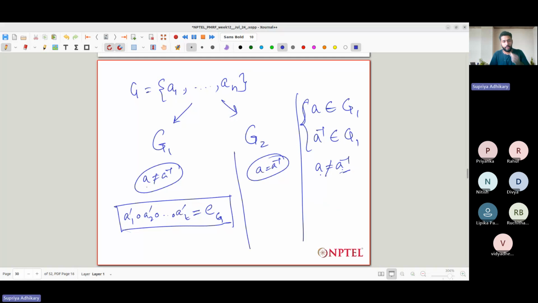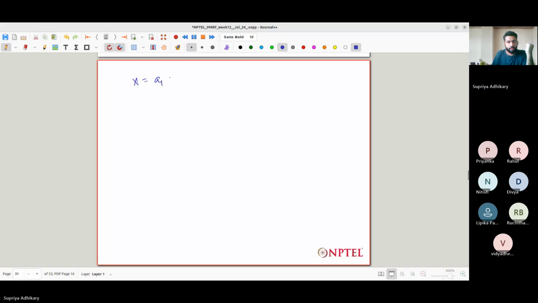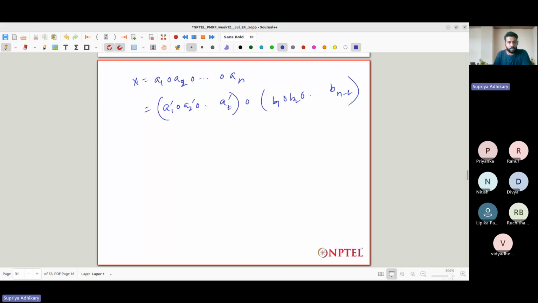Now in G2, all the elements satisfy A equals A inverse, so if we square those elements, that gives us E of G. So X can now be written as A1 dash composed with A2 dash up to AT dash, composed with B1 composed with B2 up to Bn minus T, where G2 is the set of all these B1, B2 up to Bn minus T.